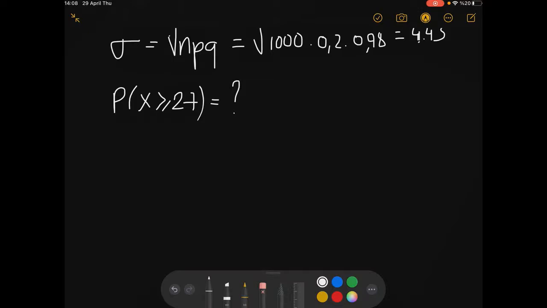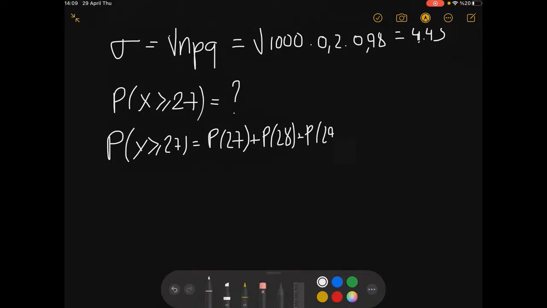Let's calculate it with the binomial approach first. Okay, it is something like this, right? Probability of having 27 plus probability of having 28. Are we done? No. Probability of having 29 up to probability of having 1000 defectives, right? Are you crazy? That can be an easier solution, right? How about this one?